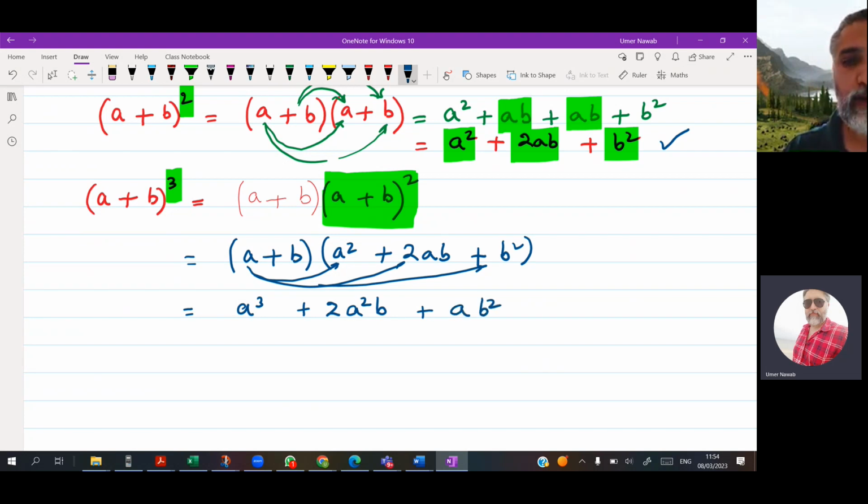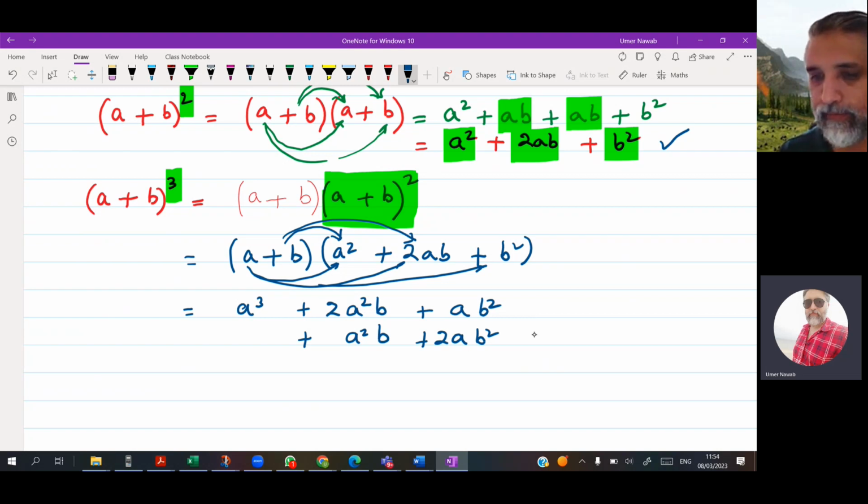Now, can I write a squared b vertically down where I have a squared b? So a squared b, and then I multiply b with 2ab, it gives me 2ab squared. The like terms are written vertically aligned, which will help us add the two like terms easily.